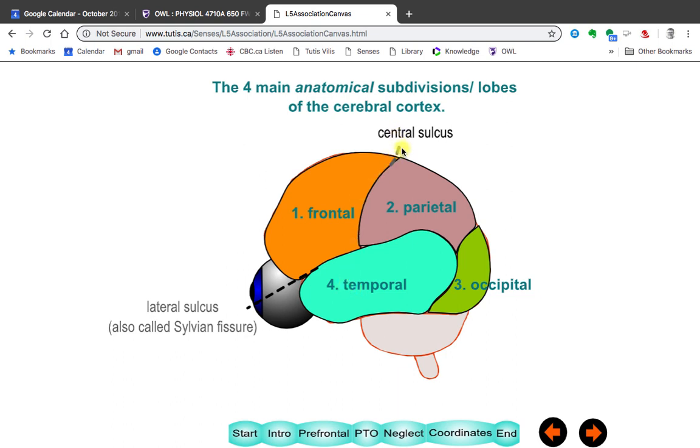The other deep valley is this one here called the central sulcus, and it separates the parietal from the frontal. So those are the only two deep valleys that you have to know about.